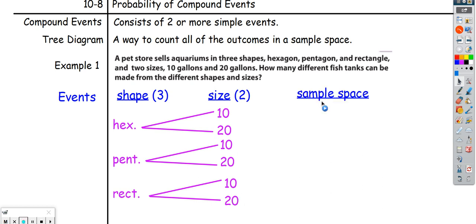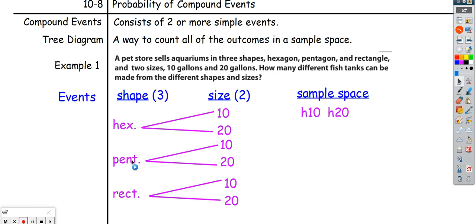Now I want to make my sample space. My sample space comes from my tree diagram. Up here, if I bought a hexagon, I could buy it in a 10 gallon, or I could buy a hexagon shape in a 20 gallon. So there's my first 2 options in my sample space, hexagon and 10 gallon, hexagon and 20 gallon.